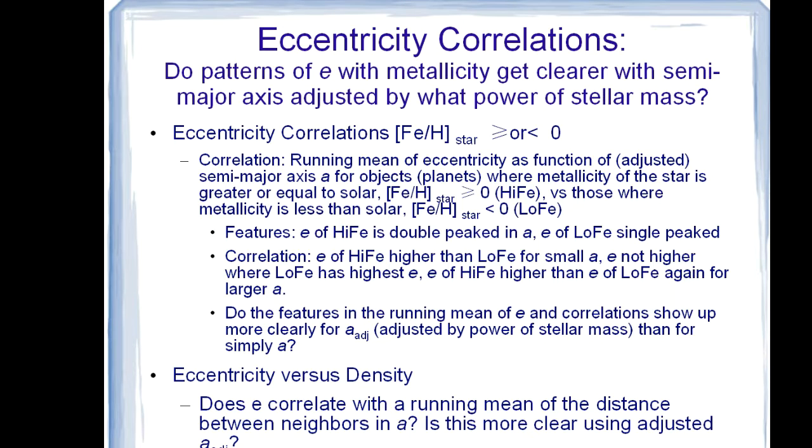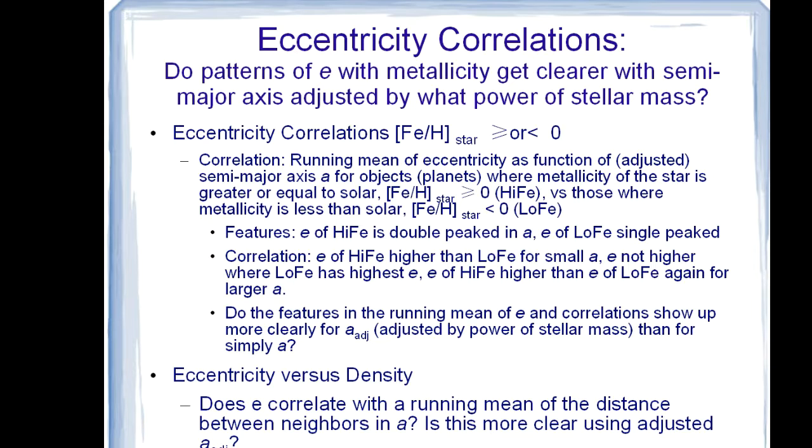Second, I want to look at whether the eccentricity correlations with metallicity get clearer when adjusting the semi-major axis by some power of stellar mass. Briefly, the eccentricity correlations were originally found closer to the star, at short periods less than 100 days.